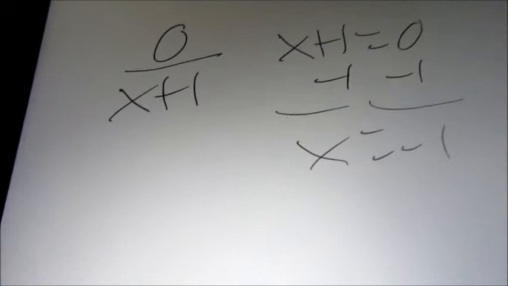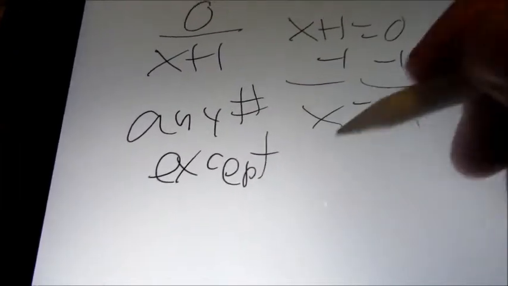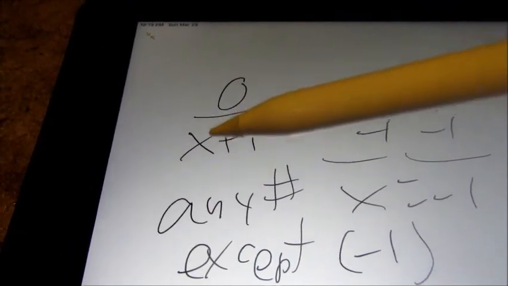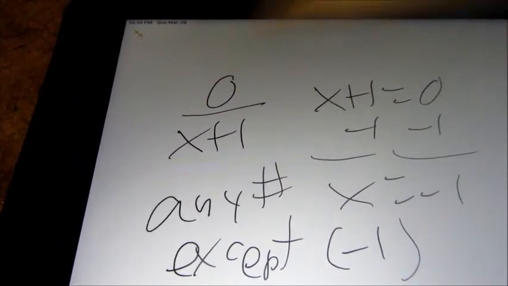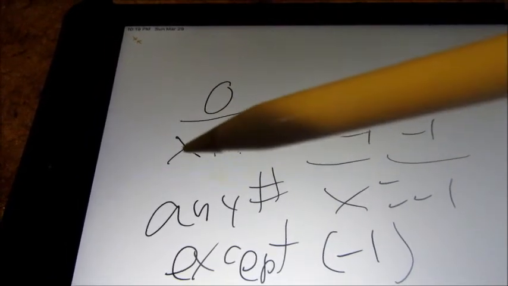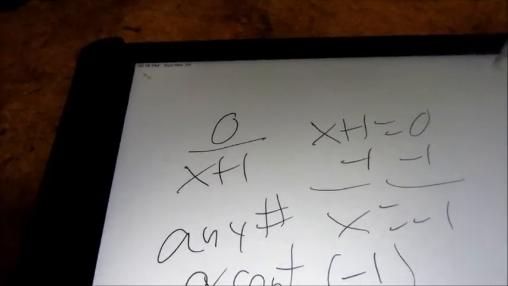X equals negative 1. So here, the answer would be any number except negative 1. So we could put a 5 in here. 0 divided by anything is just going to be 0, unless it's 0 divided by 0, and negative 1 plus 1 equals 0. So that we can't do.